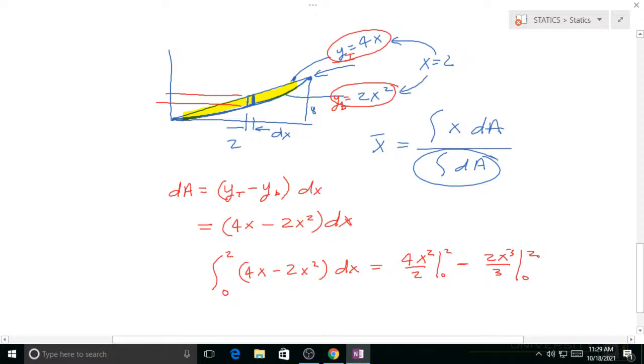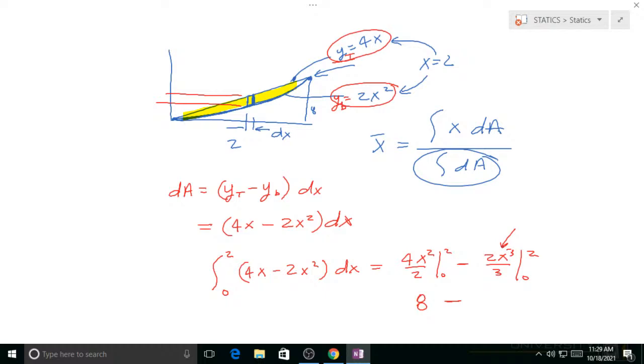From 0 to 2. Okay, so if I stick the 2 in this first one, that's 2 times 2, but one of the 2's will go away. I'll have 4 times 2. It'll be 8, right? Okay, and the other one, stick a 2 in there. Can't get rid of the 3. So I get stuck in this top one with 2 and 2, and then 2 and 2.